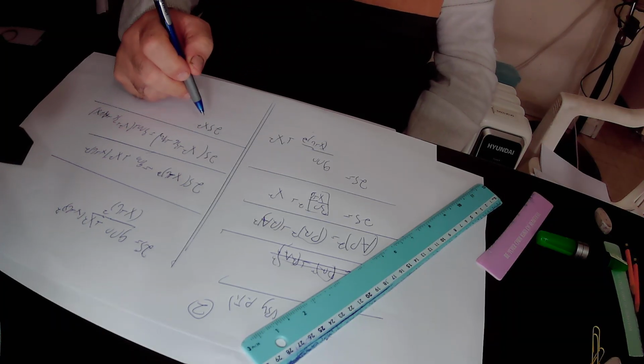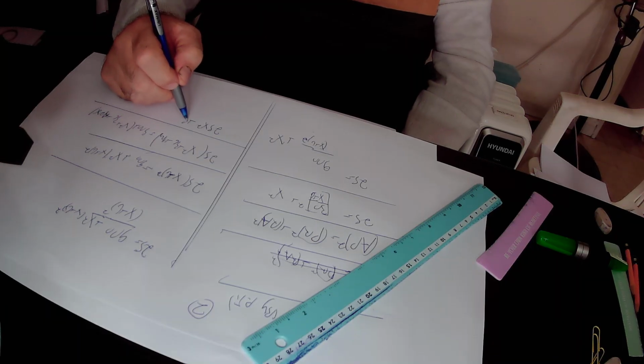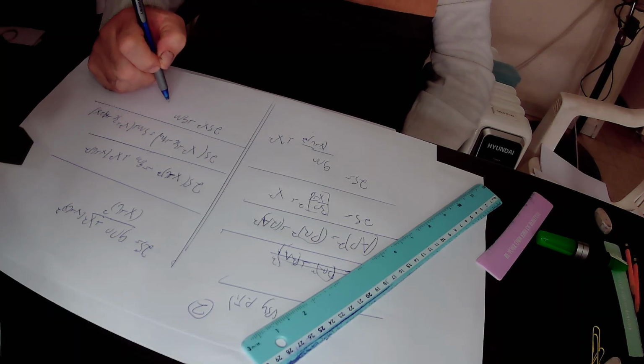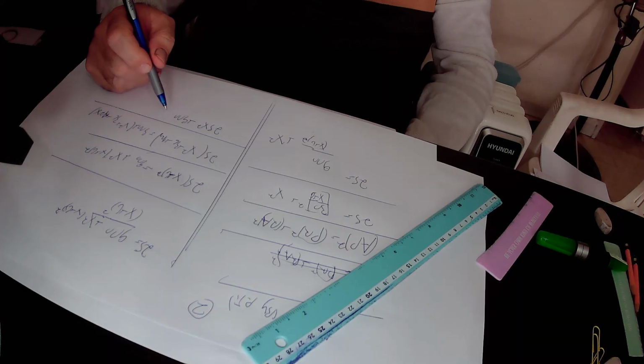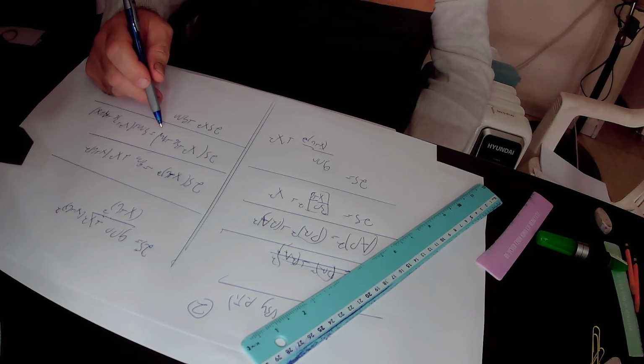We have 25 times 36 is 900. We have 25 times 12x is 300x.